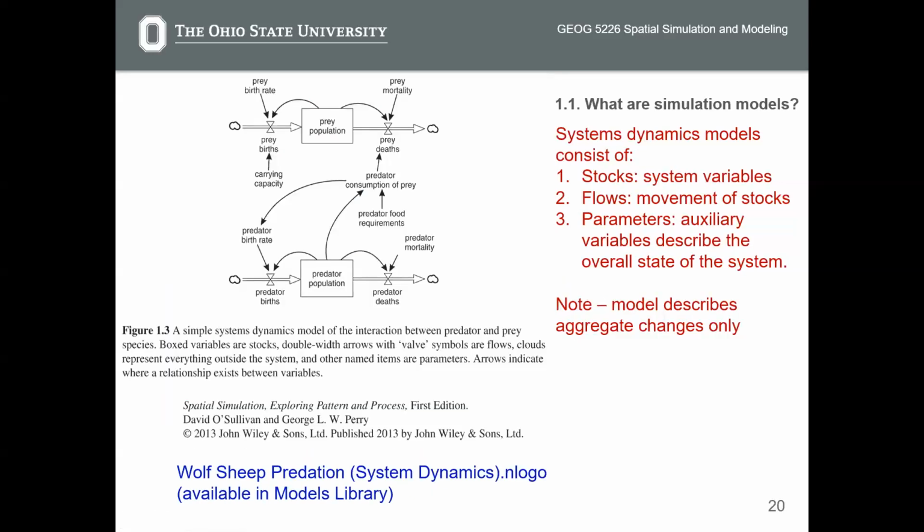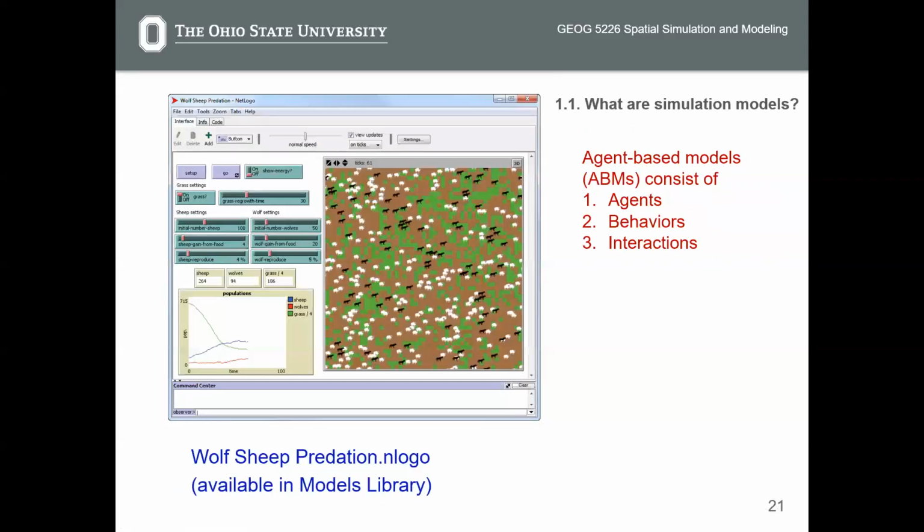And we also have agent-based model. So this is a screenshot from NetLogo. It's a model called wolf-sheep predation. This is an agent-based model, which means this model happens at micro level, and each individual or each agent matters here, right?